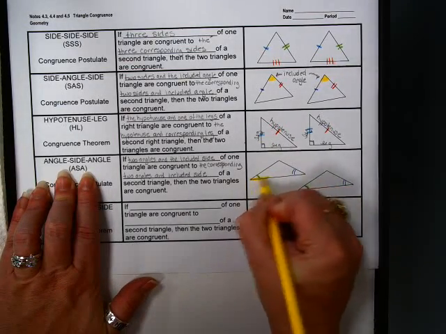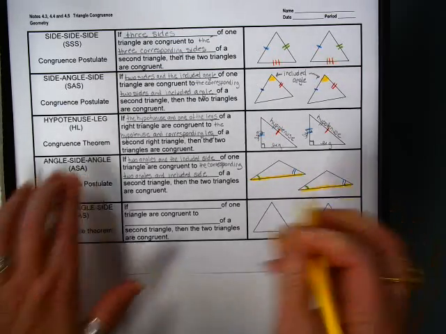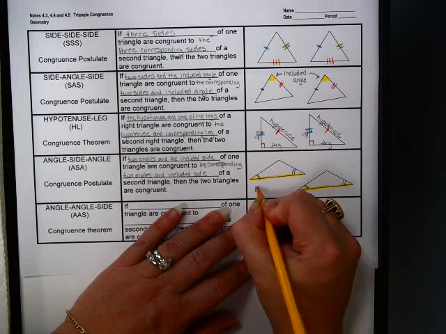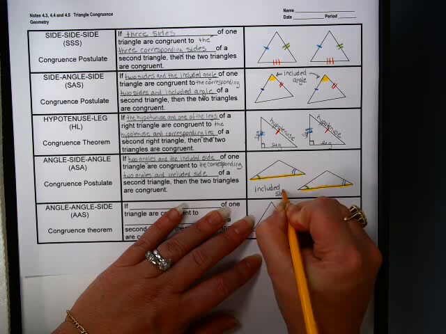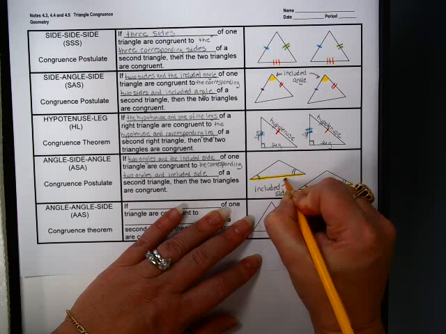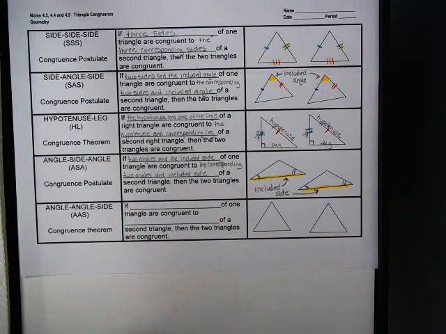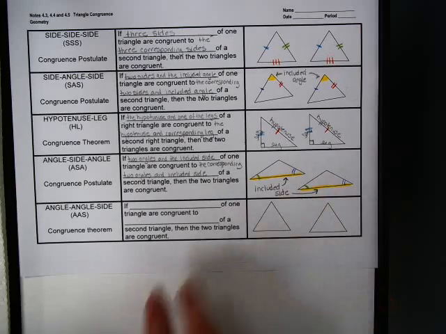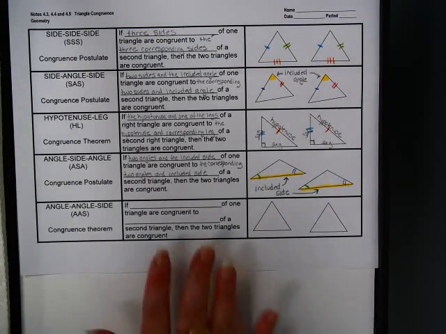So this side right here that connects these 2 angles, that's the included side. And I'm going to go ahead and mark it. So we're talking about this one here and this one here. That's the included side. So if I can prove those 3 pieces of information congruent to those 3 parts, then I know that those 2 triangles are congruent.